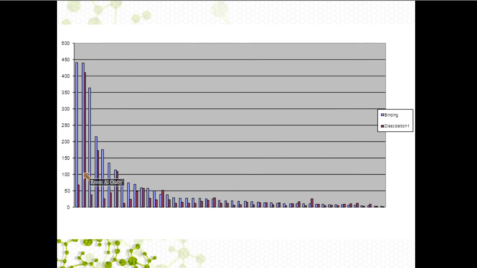This has higher binding affinity, or almost the same binding affinity as this ligand, but the dissociation rate of this ligand is much faster than this ligand. So actually, it all depends on what compound you want. Would you like a compound that binds strongly but dissociates quickly, or has a slow off rate? It all depends on the criteria that you determine.